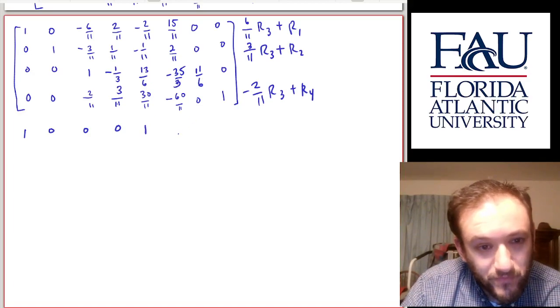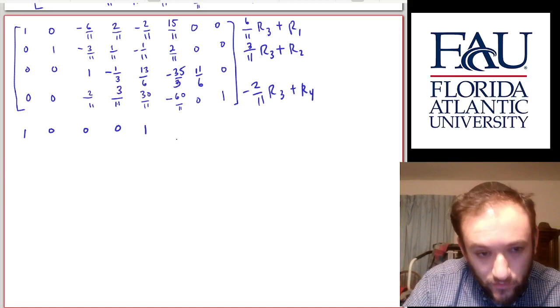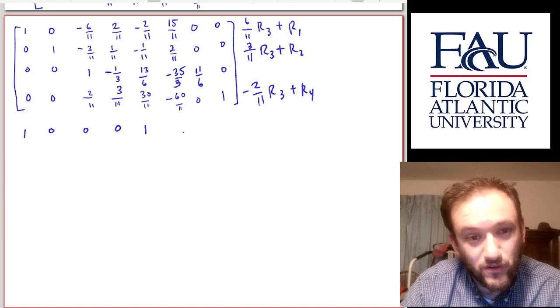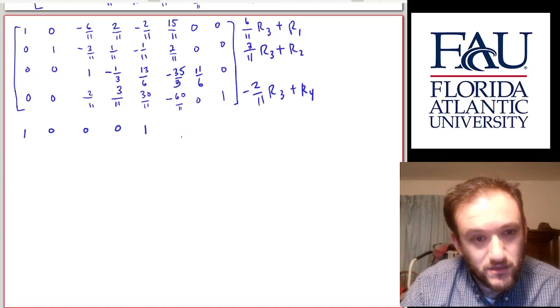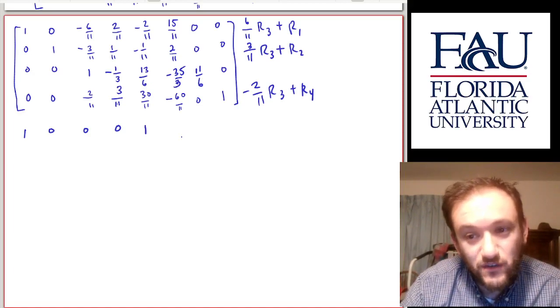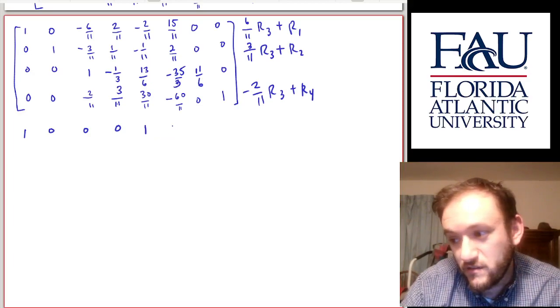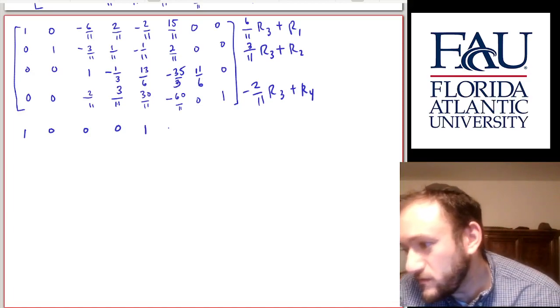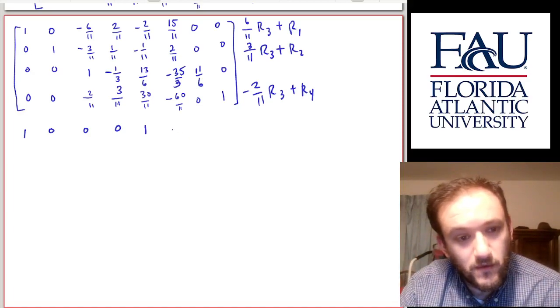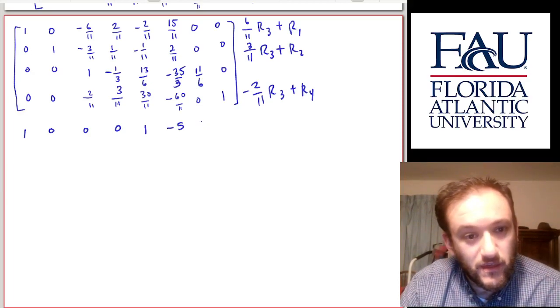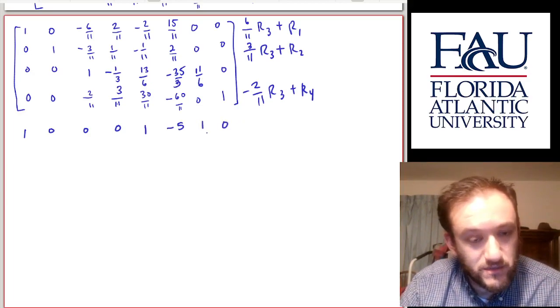Then minus 35 over 3 times 6 over 11 is minus 70 over 11, plus 15 over 11 is 55 over 11, minus 55 over 11, which gives us minus 5. And this is 1 and 0.